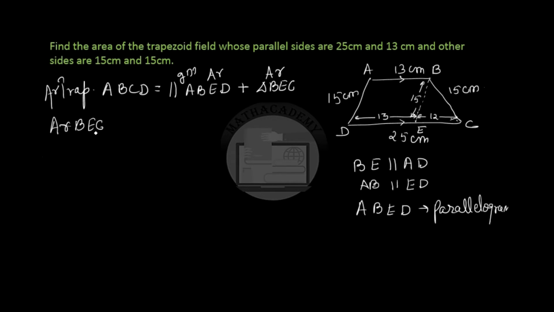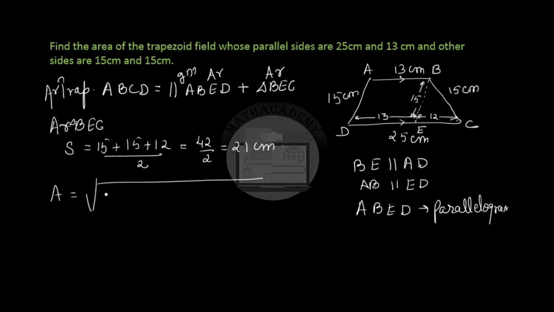We will again apply Pythagoras theorem. Let us try to find out our S. S is (15 + 12) divided by 2, which is 42 over 2, which is 21 centimeter. We'll put that in the formula. Square root of S into S minus A into S minus B into S minus C. Let us simplify this.